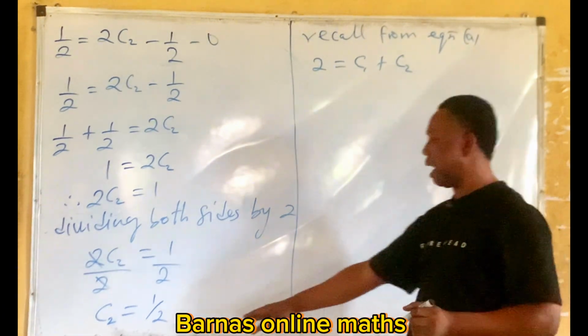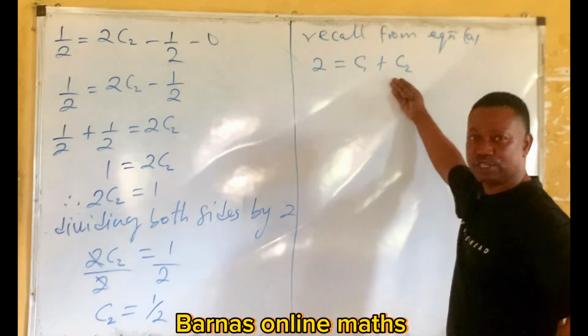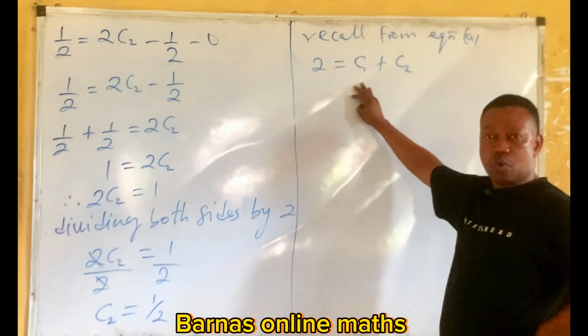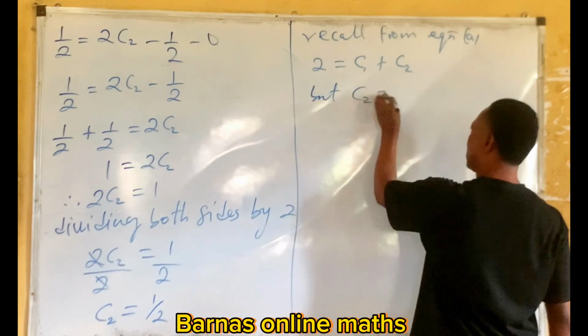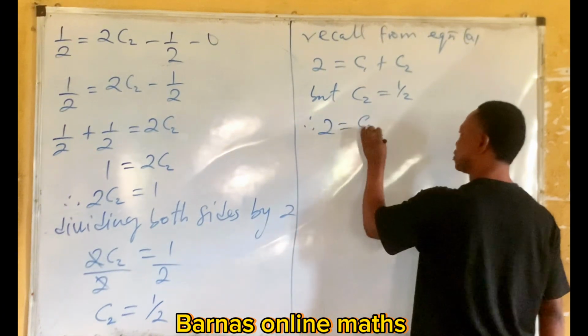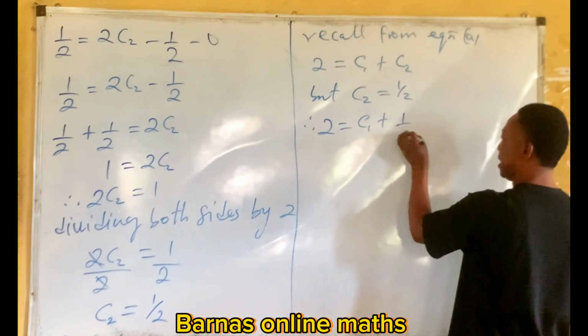Hence here we have found C2 to be half. So we can now substitute for C2 here in order to find C1. So, but our C2 is given to be half. Therefore, 2 is equal to C1 plus, instead of C2, we now replace it to be half.